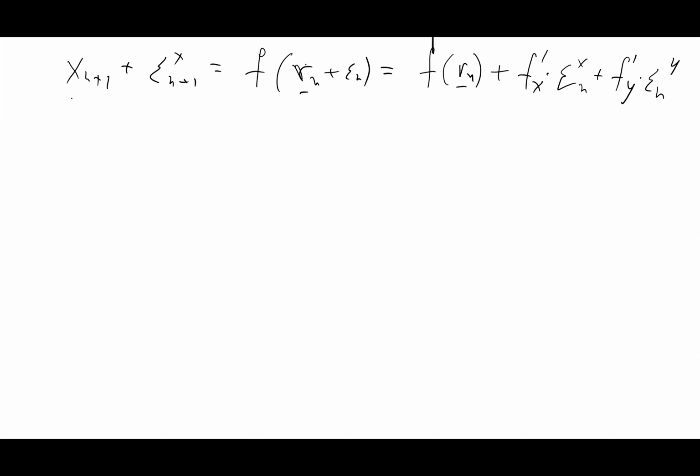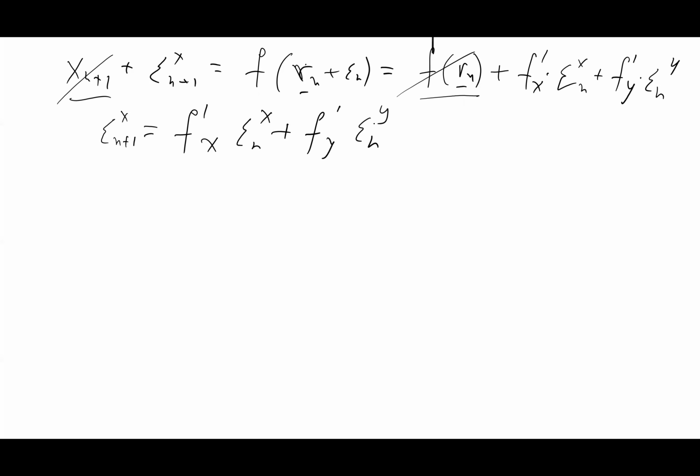Now xn plus 1 equals f of Rn, from the definition of our map. Therefore this cancels and we get the x component of epsilon is derivative of f over x, epsilon xn, plus derivative of f over y, epsilon yn.